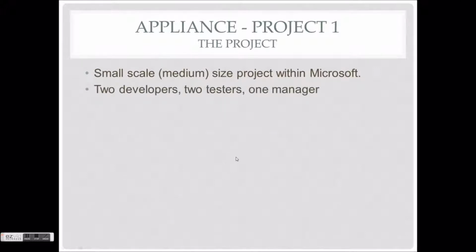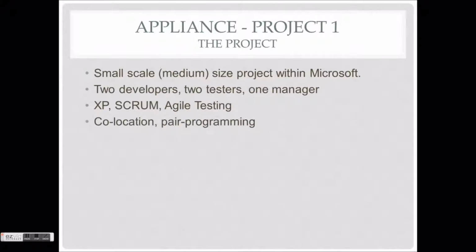So the first article I did read was about a rather small project within Microsoft, and they were 2 testers, 2 developers, and 1 project manager. They did apply extreme programming, Scrum, and also Agile testing. Also they applied co-location and pair programming.